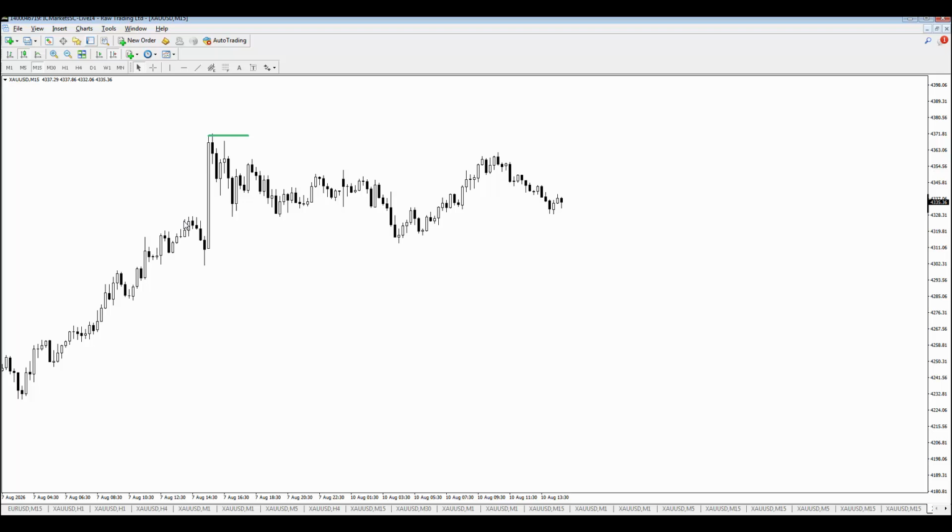Now, do we know it's going to work? Again, we don't know, but we've got a couple of things which we can do in our favor. Do we have an ABC pattern?